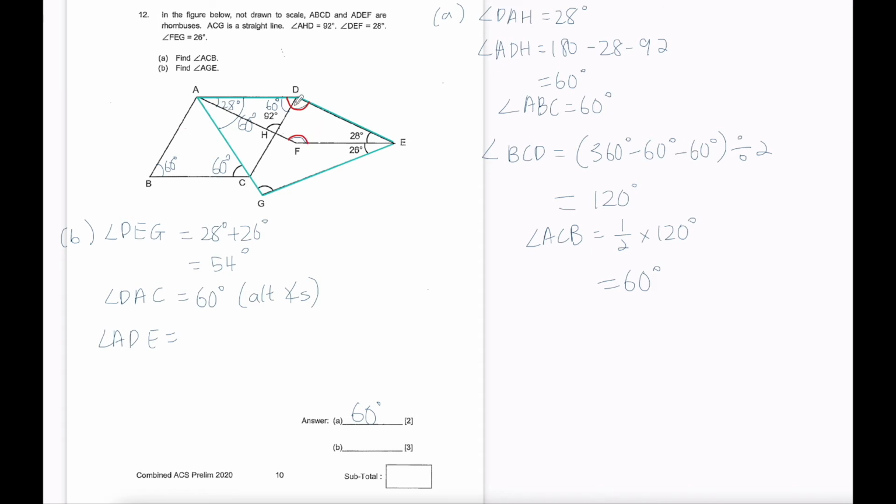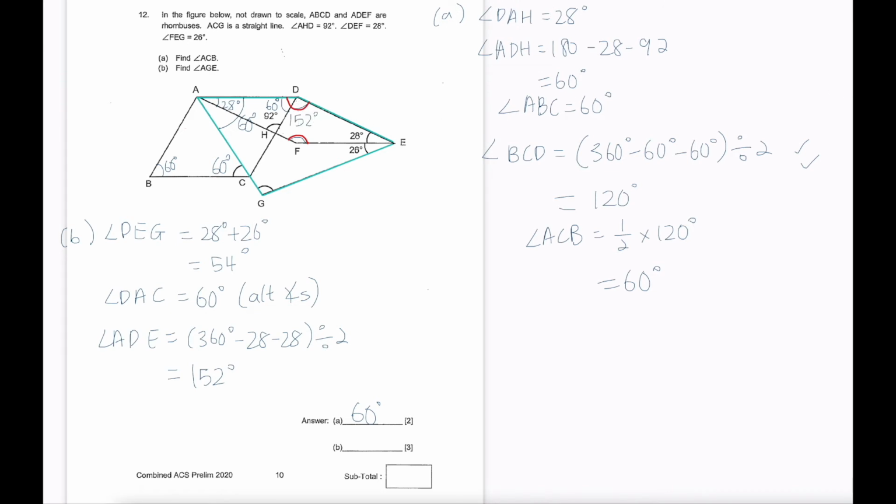Because they are opposite angles in a rhombus, and it's similar to the method here. To find out what is ADE, I just need to take 360 minus away the two other angles, which is 28 and 28, and divide by 2. I'm going to get 152 degrees. So this is 152 degrees.